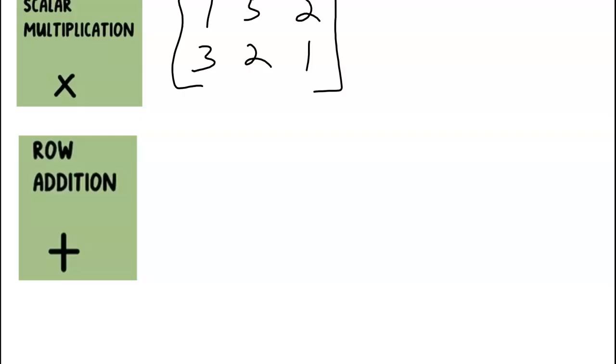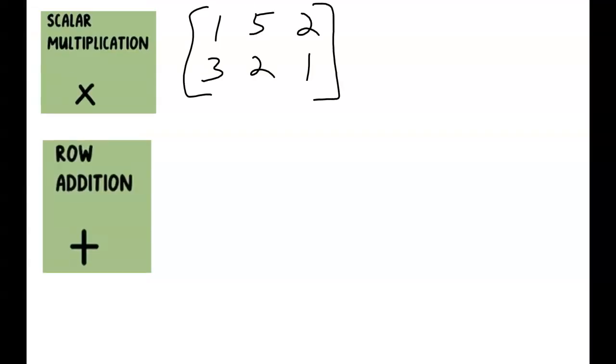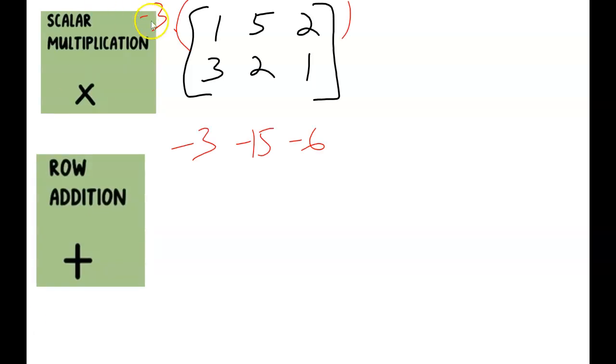All right, now I'm doing scalar multiplication and row addition. First I scaled it up by multiplying the top row by -3, and so I got -3, -15, and -6.